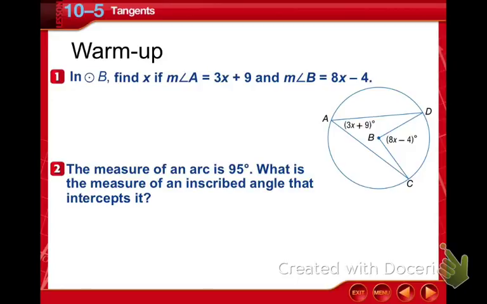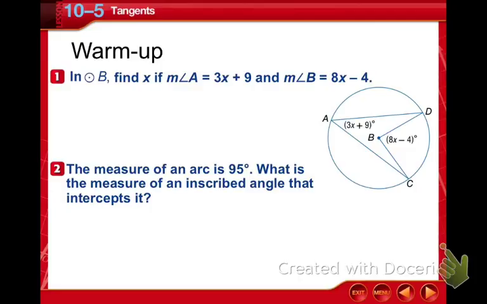So here we have our warm-up, number one. It goes back to a couple different theorems we looked at so far this unit. The first one being that the angle A, the 3x plus 9, is going to be equal to 1/2 of the arc CD.